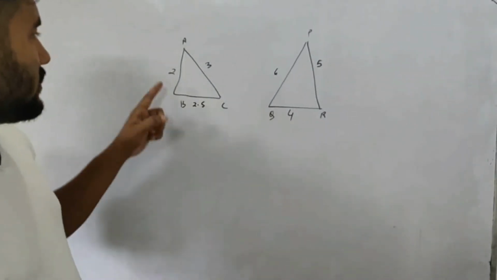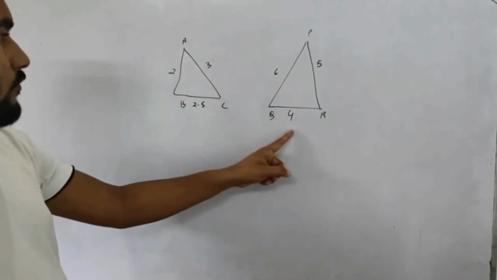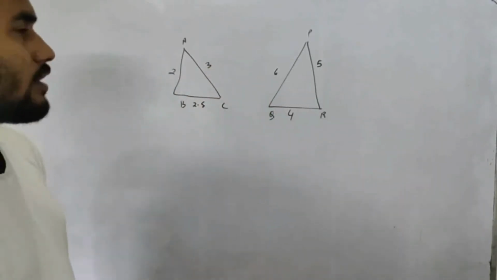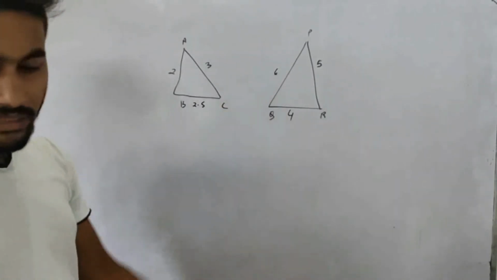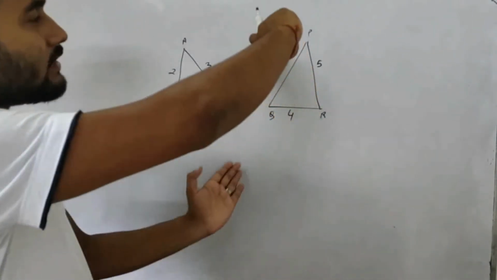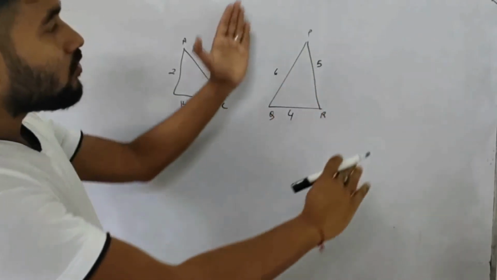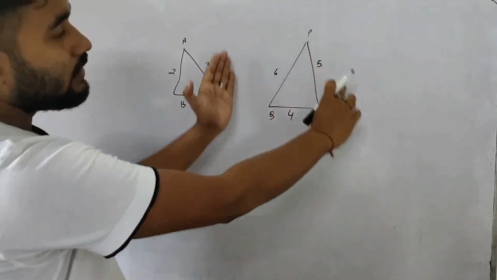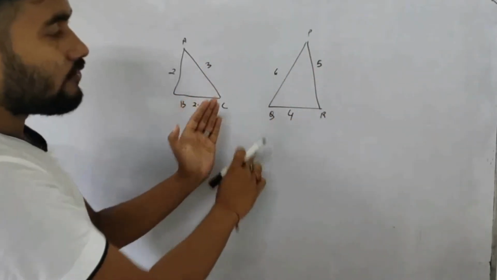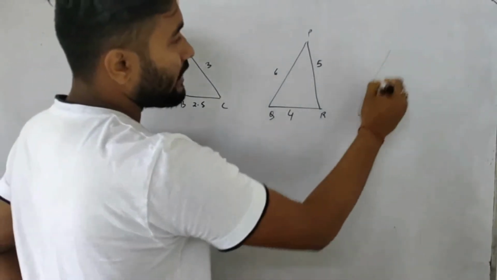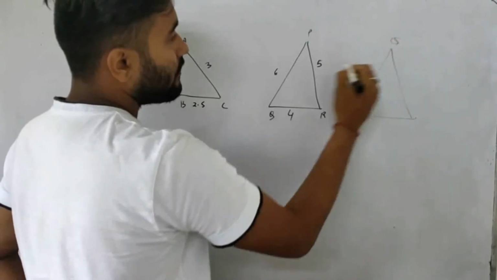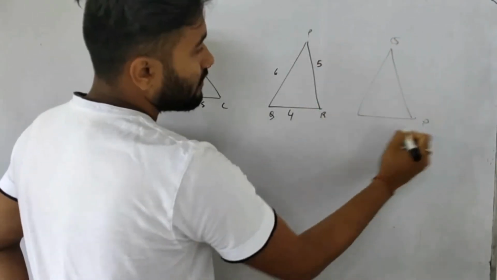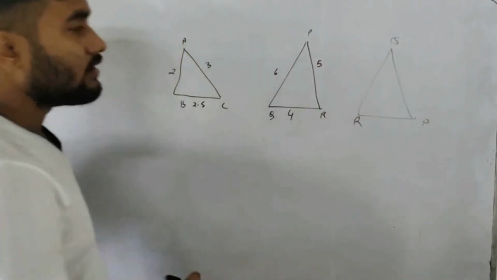See 2 and 4: two 2s are 4, three 2s are 6. So I am getting a slight alignment. So I will flip this triangle, I will rotate this triangle. Q will go up, P will come over here, and R will go over here.